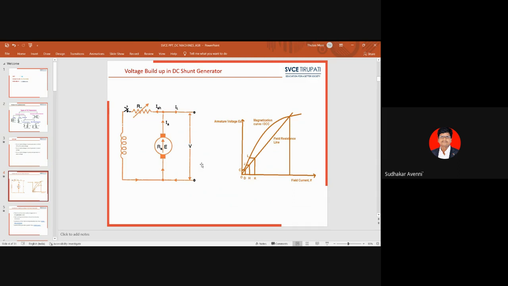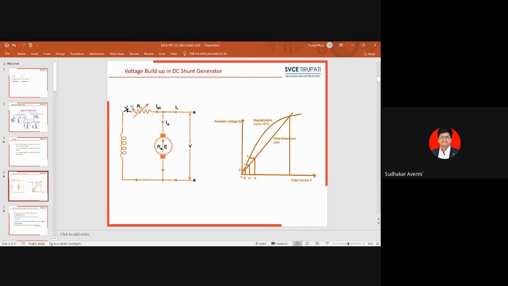So when the generator runs at rated speed, because of this retentivity property, there is residual magnetism established in the field winding. Because of this residual magnetism, a small flux, 2 to 10% of rated flux, is established in the shunt field winding. Because of this flux, when the generator runs at rated speed, there will be a small voltage build up across the armature terminals.